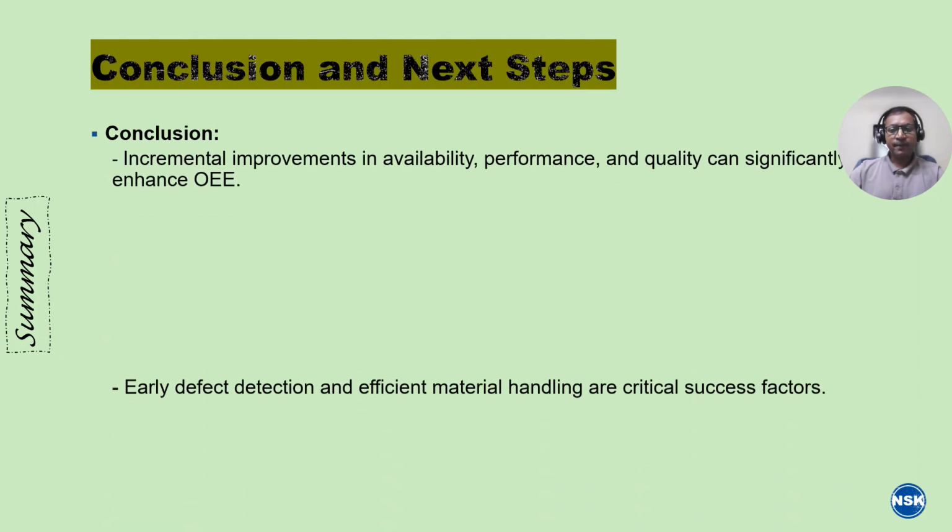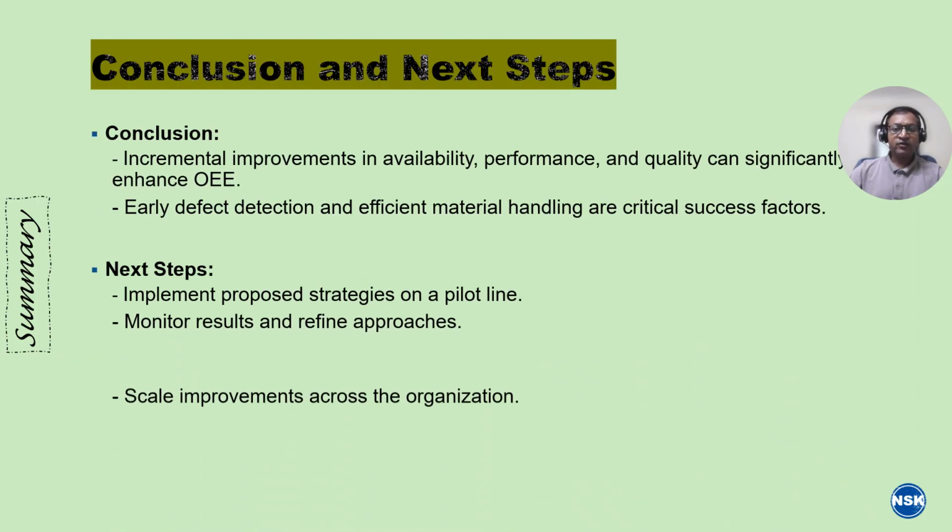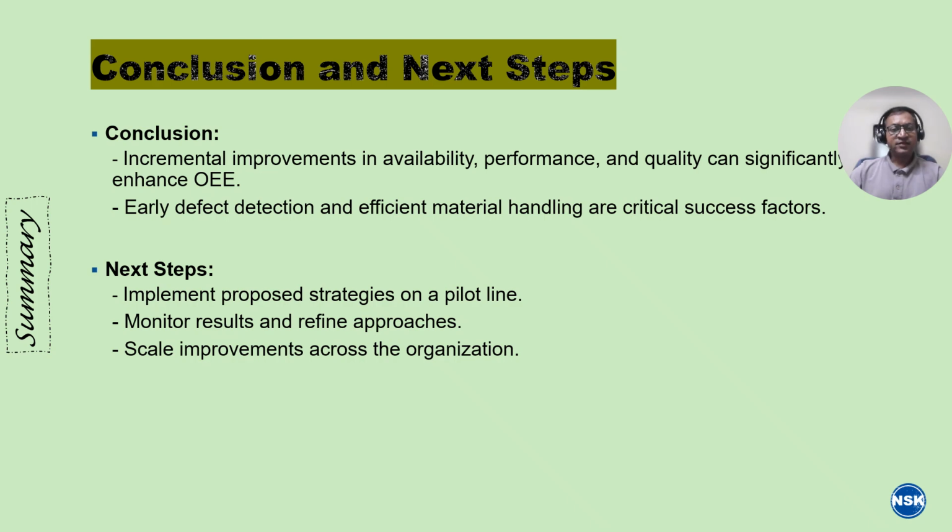Conclusion: well, an engineer and the cross-functional team have delivered a great effort. OE improvement is not a single person's task. It requires commitment and willingness to work from the production people and support from management. Incremental improvements in availability, performance, and quality can significantly enhance OE.